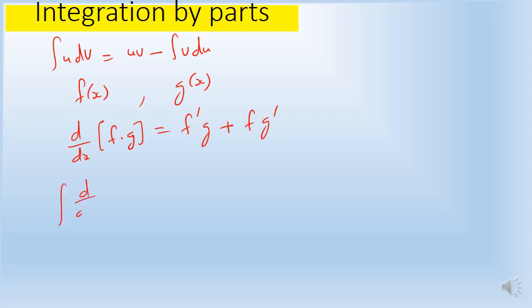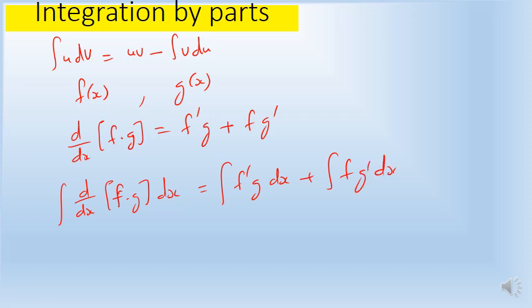Now, if we take the integral on both sides, what do we end up with? So it's the integral of d/dx of f times g, dx, integrating with respect to x. We integrate both sides, so it's the integral of f prime g dx plus the integral of f, what's the next one? g prime dx.